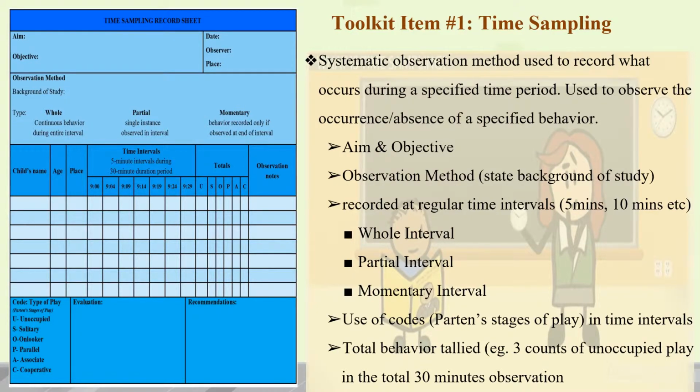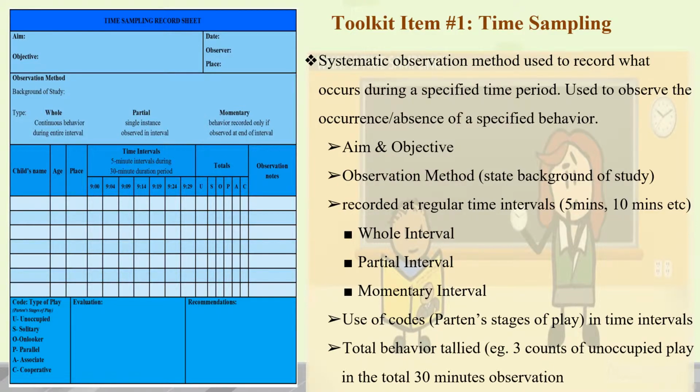You would state the child's name, their age, and the place or the setting where the child is participating in the activity. So for instance, if we're observing Sally, a 4-year-old child, and she's playing in the doll area, then the place would be the doll area or dramatic play.